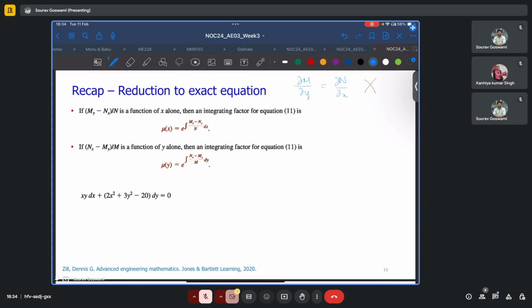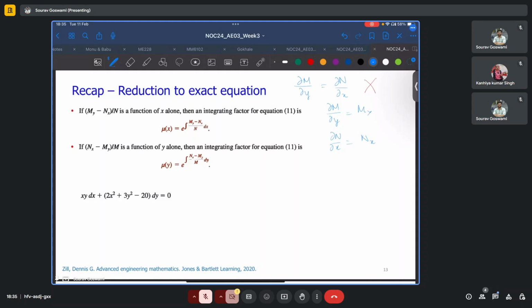If My minus Nx, again My is simply ∂M/∂y and ∂N/∂x is N subscript x. So if (My minus Nx) by N is a function of x alone, then an integrating factor for the equation becomes e power integral (My minus Nx) by N dx.